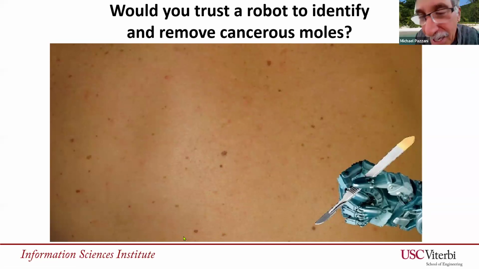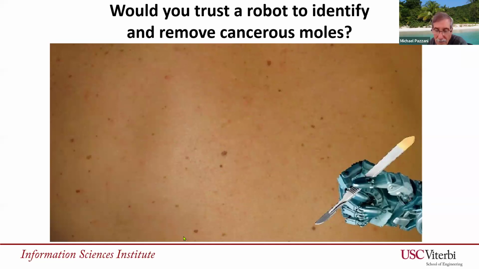Okay, well, it turns out you can get very good area under the curve for this. And robotic surgery is pretty well advanced, and in many cases is more accurate than human surgery. So it seems like we should just be doing this, but people have some hesitancies.